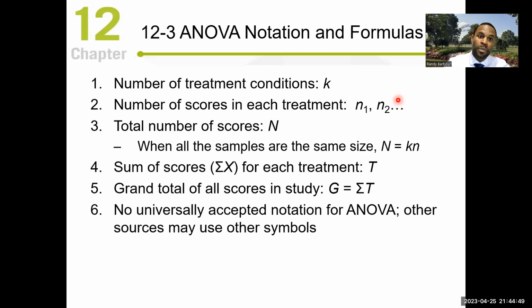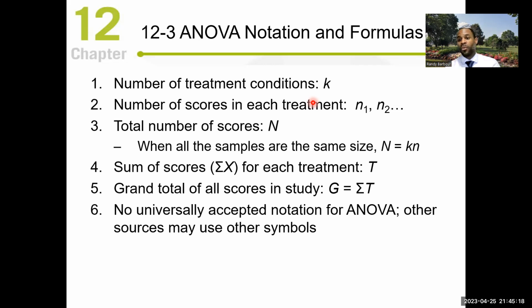Okay, all right, so we're going to stop there, and we're going to pick up on 12-3. We're going to learn about the notation. We're going to learn about the formulas, and then we're going to begin to compute an F ratio. Following that, we will then talk about the post hoc test, and the post hoc tests are used when I have a significant difference because I want to know where those differences are.